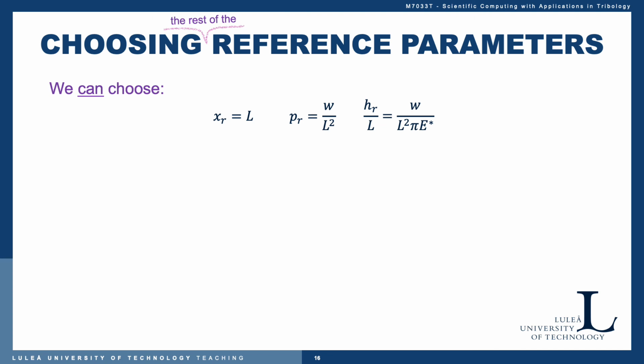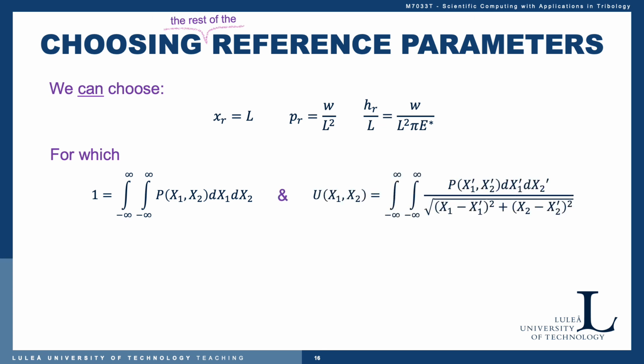And there is a beauty in choosing the reference parameters like this, which we soon will see, because in this case we will have a dimensionless force balance equation which is completely free from input parameters, and we will also have a dimensionless deformation equation completely free from input parameters.